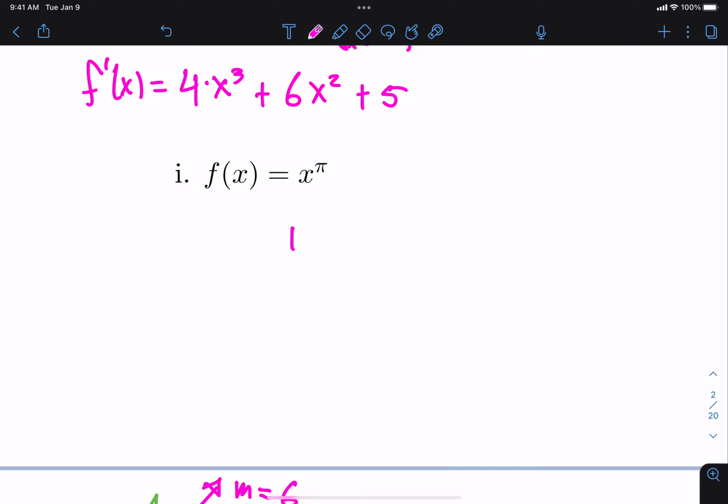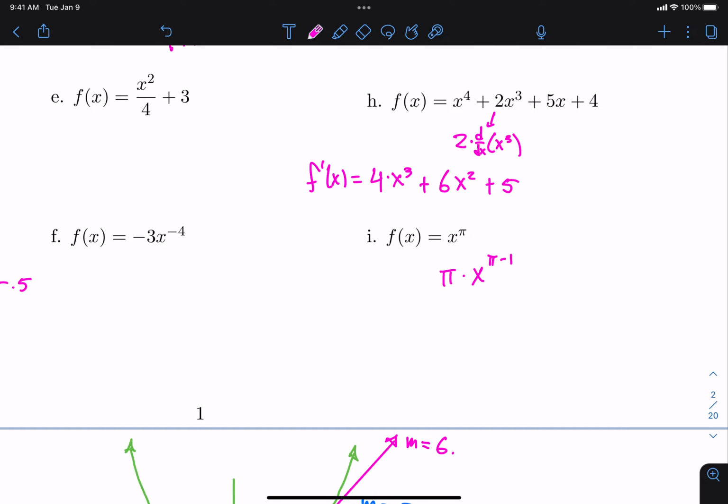I multiply by the old power. And what happens to my new power? It should be 1 less than it was before. 1 less than pi. There's a neat way of writing it. You just write pi minus 1. So it's something like 2.14159, instead of 3.14159. Does that answer your question? Okay, cool.